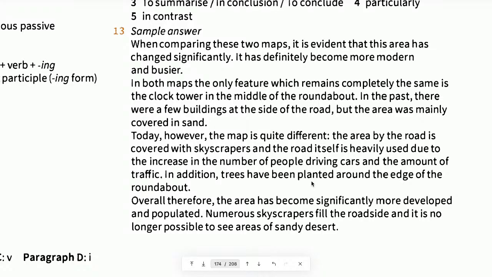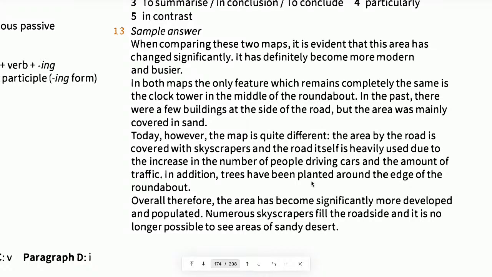Why should we use it? Has? No, that's not the answer. The reason, not the form. Why? No, you write somewhere you said it because we are talking about the changes.